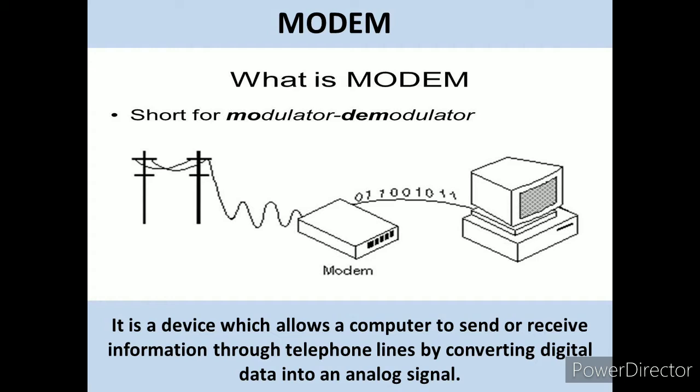You can see these are the analog signals in wavy lines and these are the digital signals, because a computer can understand only 0 and 1, which is called digital signals. So the modem has to convert these analog signals into digital signals before the data is transmitted from the telephone line to the computer. That is the modem.